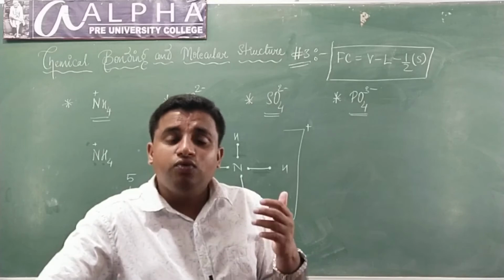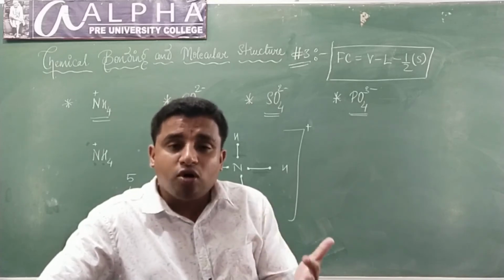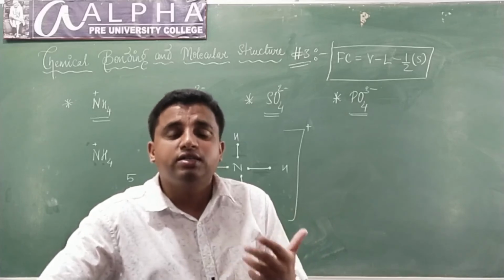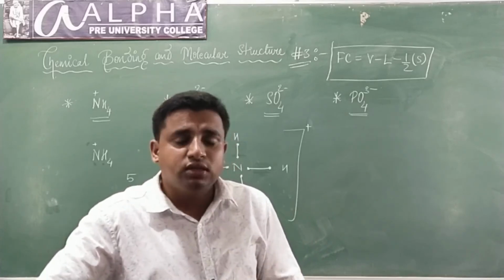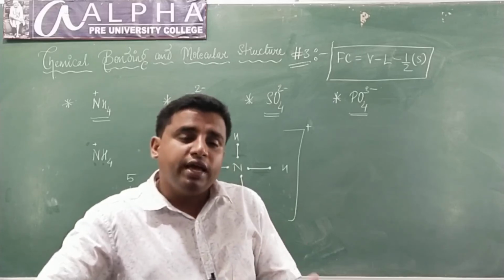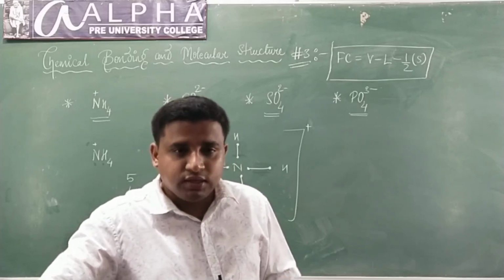We learned how to calculate the formal charge, and we are learning how to draw the Lewis dot structure. We will continue with Lewis dot structure in the next video. Thank you so much.